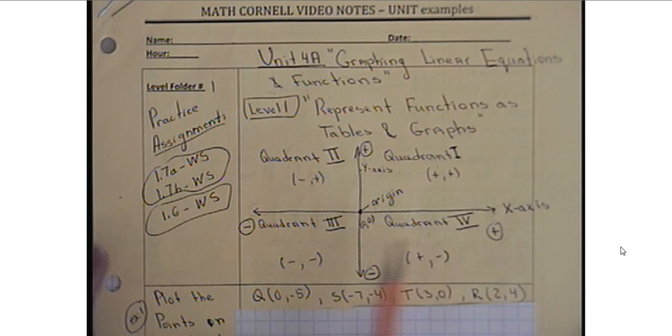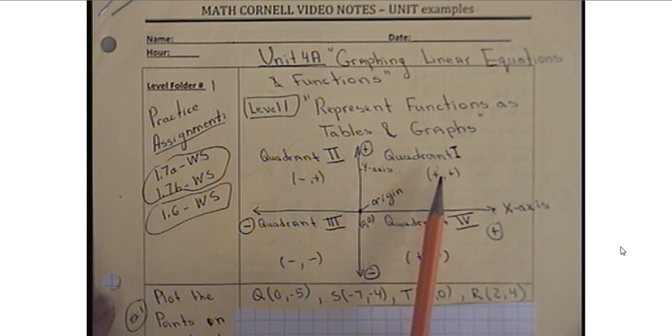The reason we're calling these quadrants is because the points that we are going to have on the coordinate plane will be in different quadrants. Also, if the point has x coordinate and y coordinate all positives, that means the point will be in the first quadrant.